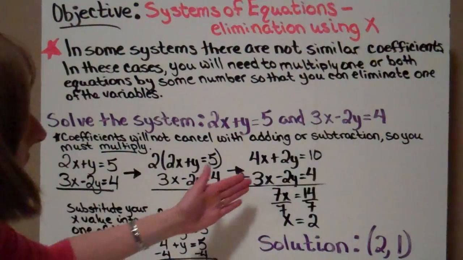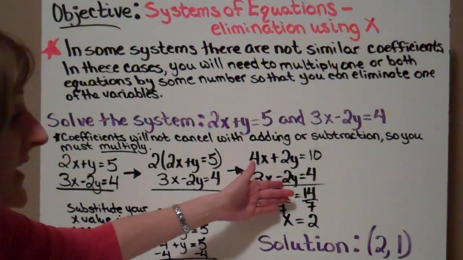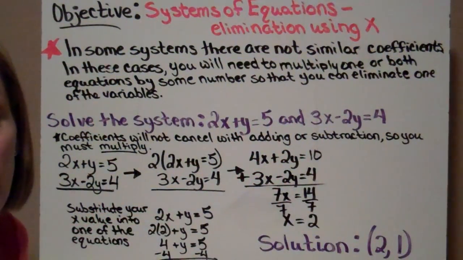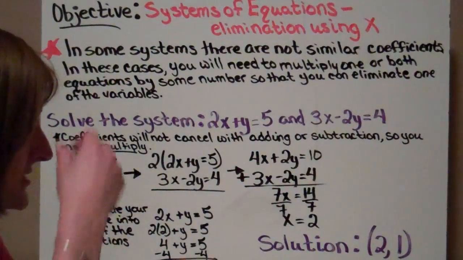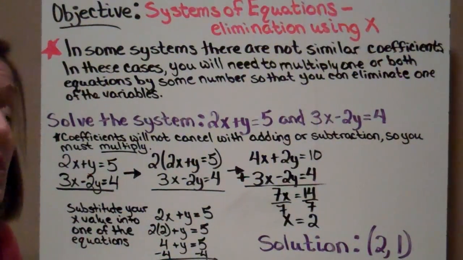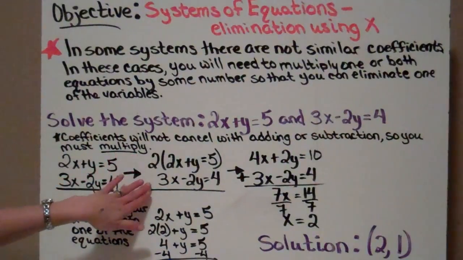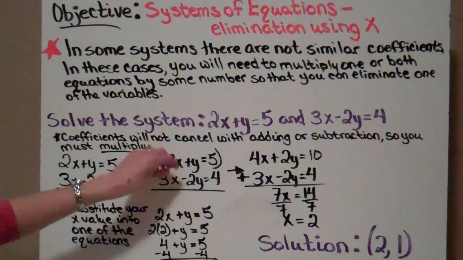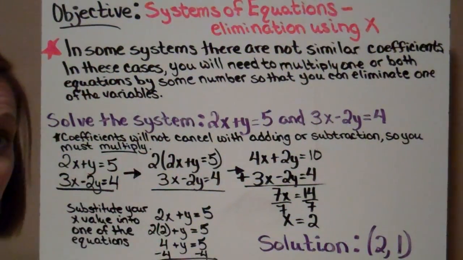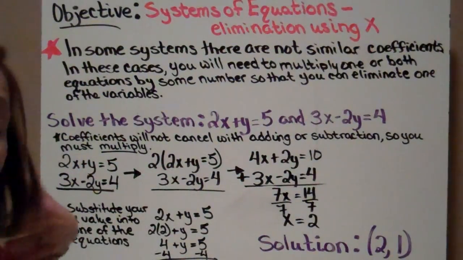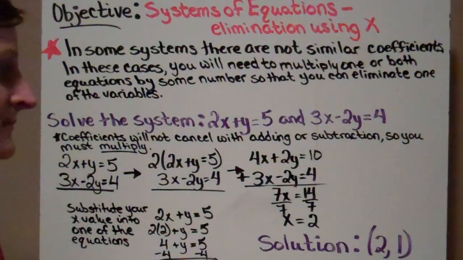Now it lines up, so the 2y and the negative 2y will cancel out if I just add my two equations. Now you can also just multiply the top and bottom by something to get rid of the x. Either way you want to work it, it's just this is easier because I only have to multiply one equation.